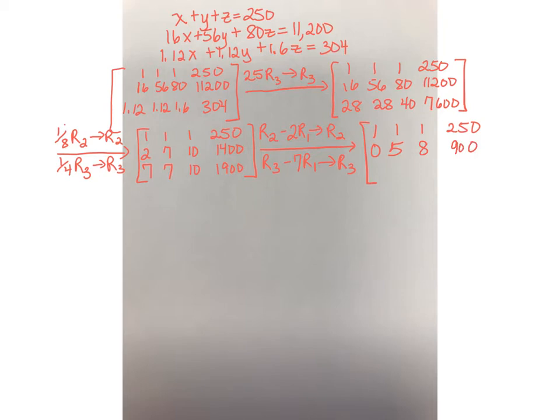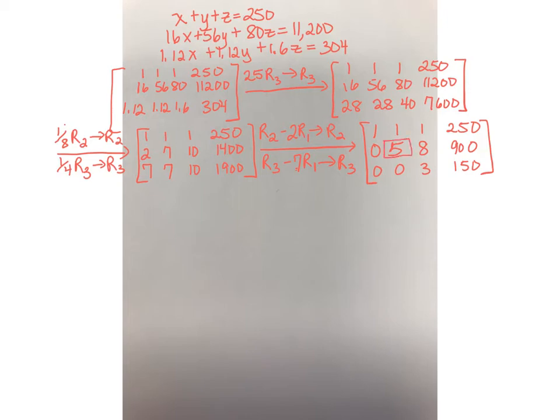And then you do row 3 minus 7 times row 1. That will give you a new row 3. That'll give you 0, 0, 3, and 150. Pause if you need to and take your time going through this. Now, we have a 0 here. We need to create a 0 there. So what we're going to use as our pivot is our 5 in this position.